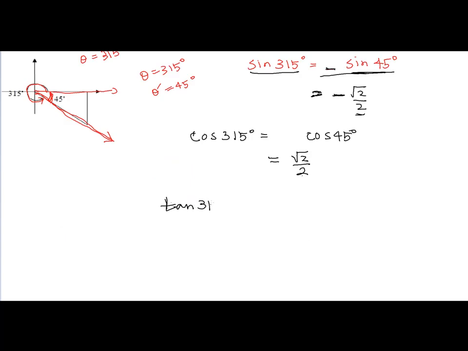Tangent 315: tangent in quadrant 4 is negative, so negative tangent of the reference angle, and tangent 45 is 1, so tangent 315 is the same as negative 1. And this is how we use reference angles.